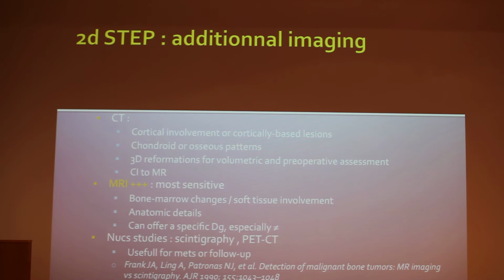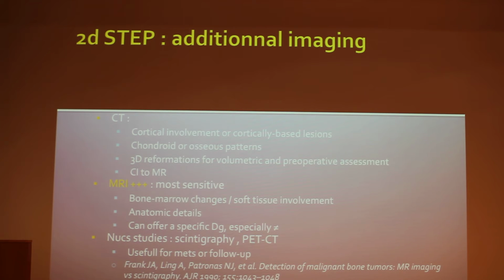So additional imaging: CT is really helpful to assess the cortical involvement and to analyze the matrix, chondroid or osteoid matrix of a lesion, and to describe other features. Also, it's really helpful for surgeons to schedule the surgery and to know what kind of prosthesis they're going to put in the kids after, so it's really helpful.